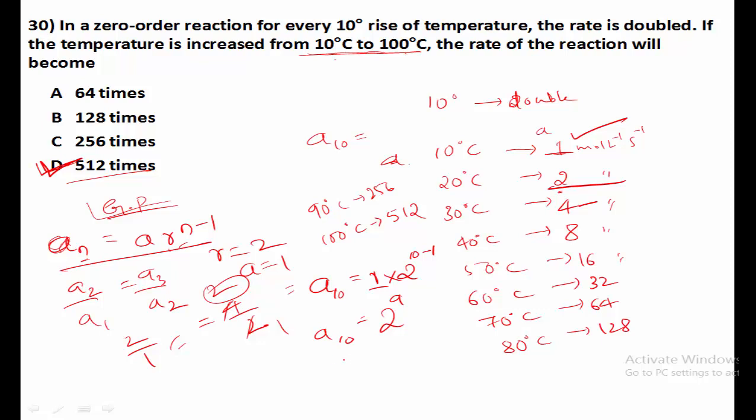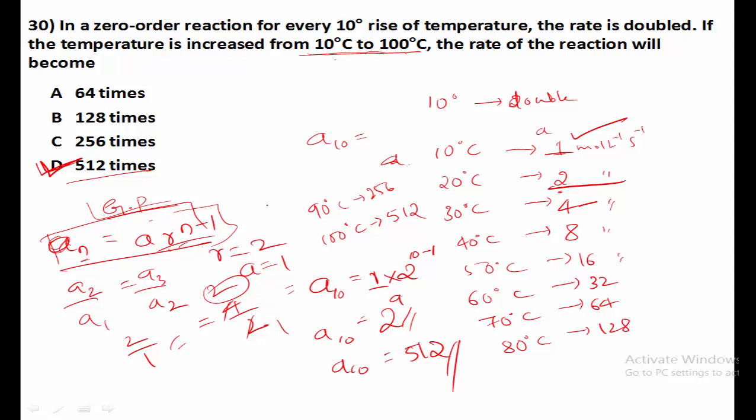So when we increase the temperature from 10 degrees to 100 degrees Celsius, it gives 2 raised to 9, that is nothing but 512. So this is another way. If you know GP very well, and you know the formula and what the terms are, then you can use this formula.